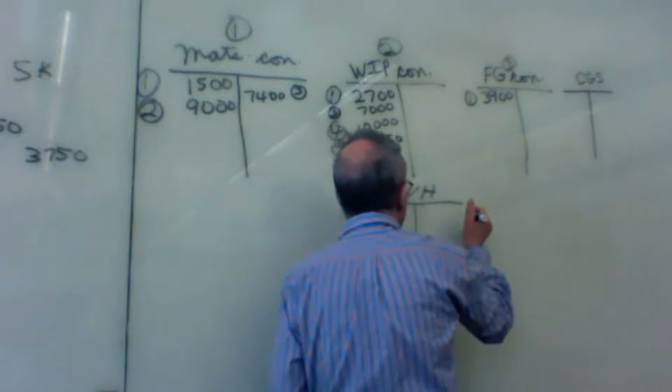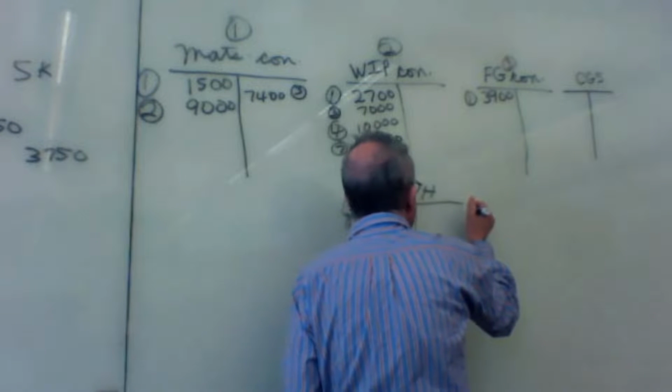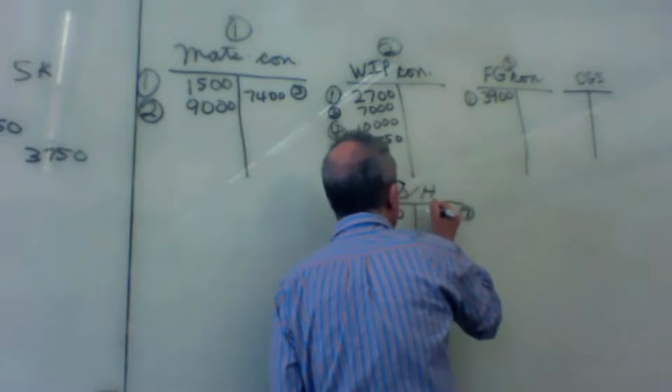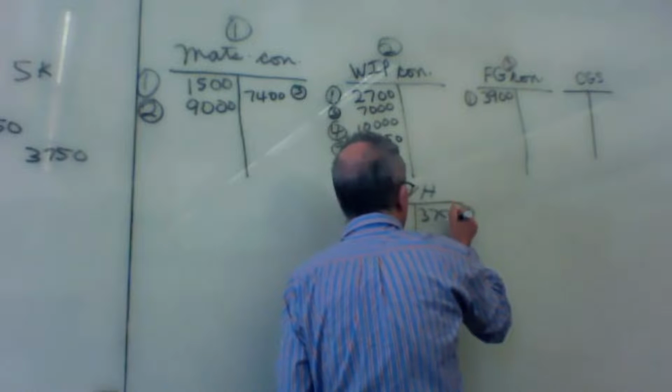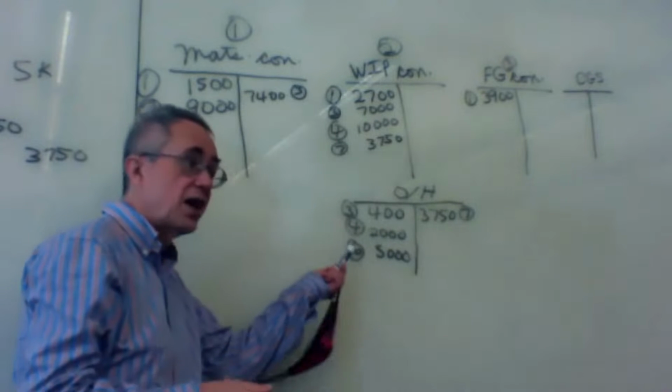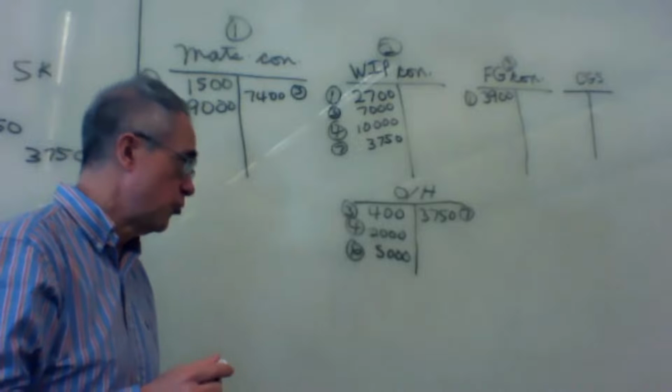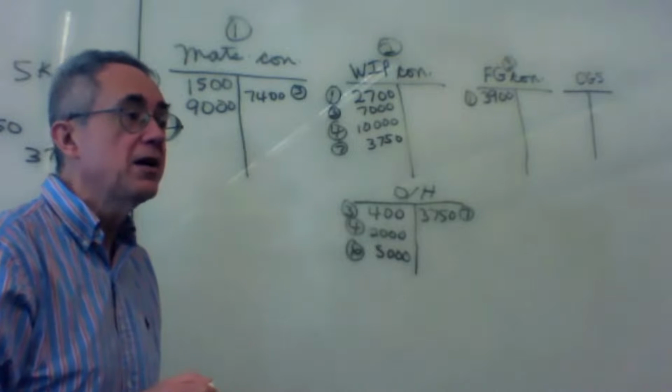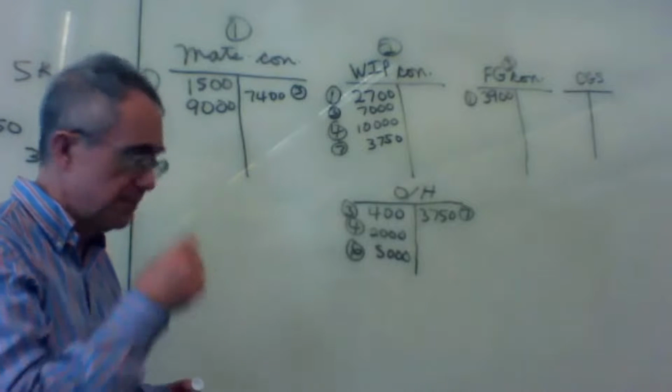And we're going to credit overhead in that same journal entry 7, $3,750. And you're right, the two sides should really equal each other, but they usually don't. So we'll see how we account for that in just a bit. It's easy.